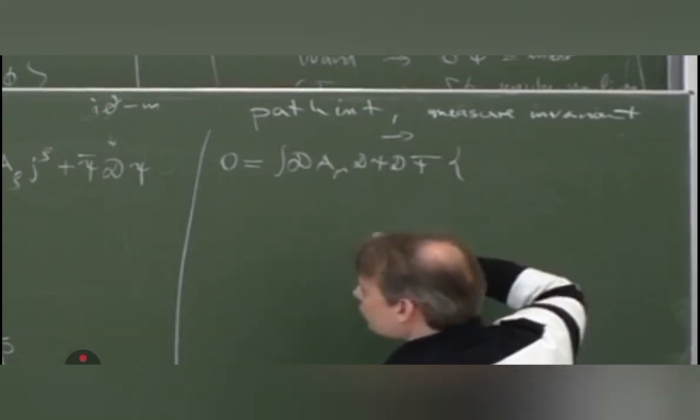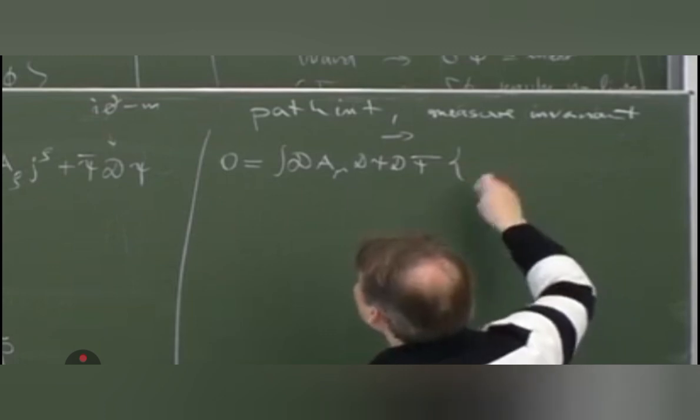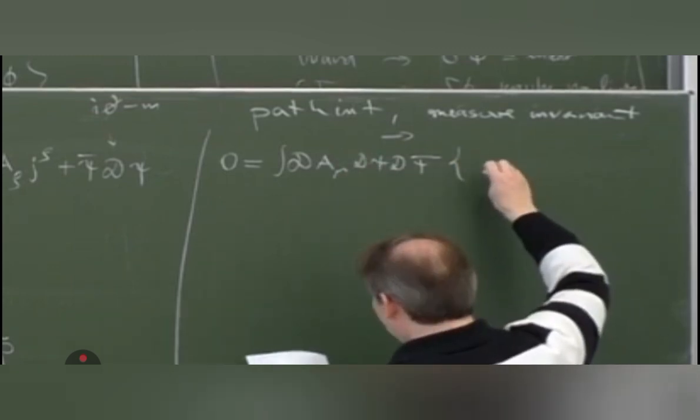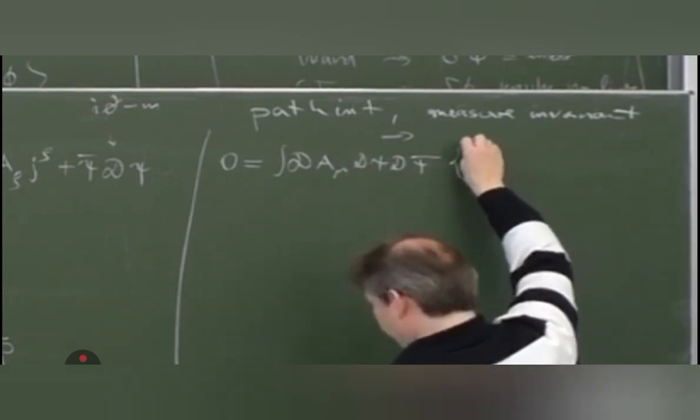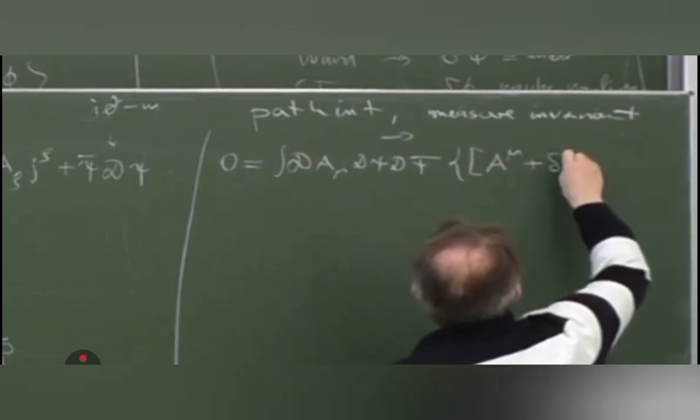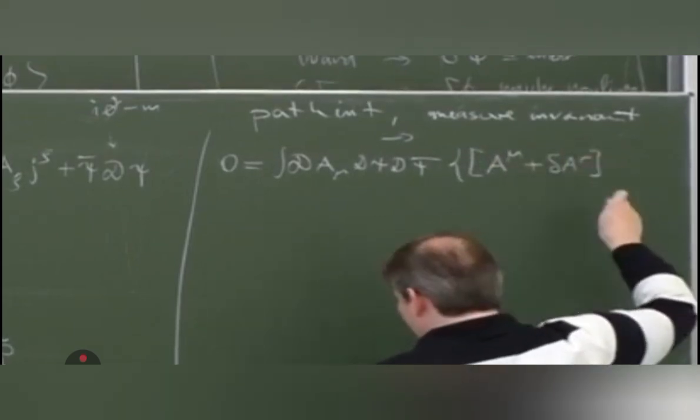And then we start again for the photon self-energy. We look at the following thing: photon plus its transformation times e to the I times the action plus its modification minus the original thing.